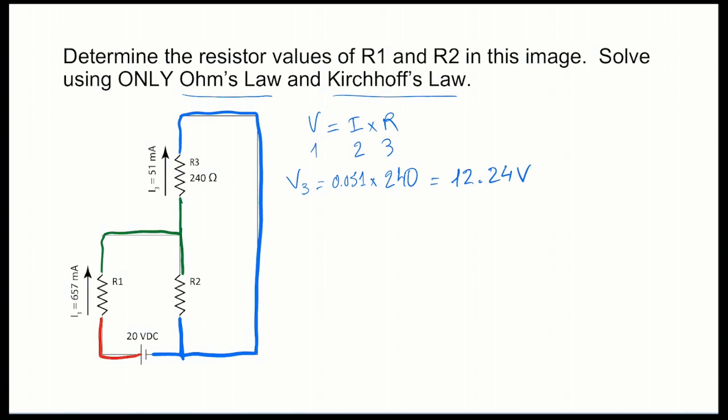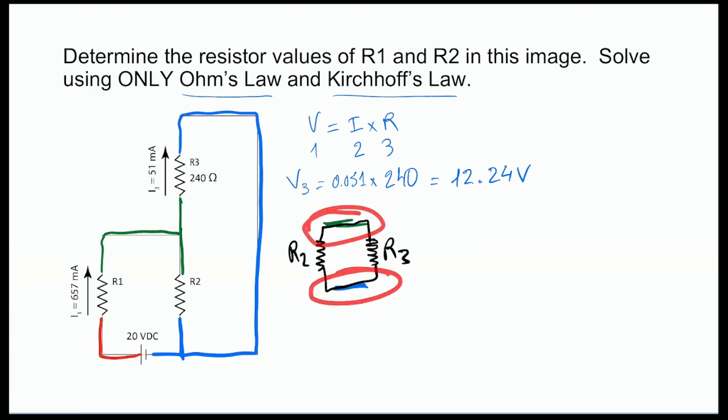If you have a quick look at the green and blue nodes, between the green node and the blue node you have a couple of resistors, resistor number 2 and resistor number 3. So they are in parallel. That's the rule for parallel resistors: if two resistors are sharing a node on one side and another node on the opposite side, then they are in parallel.